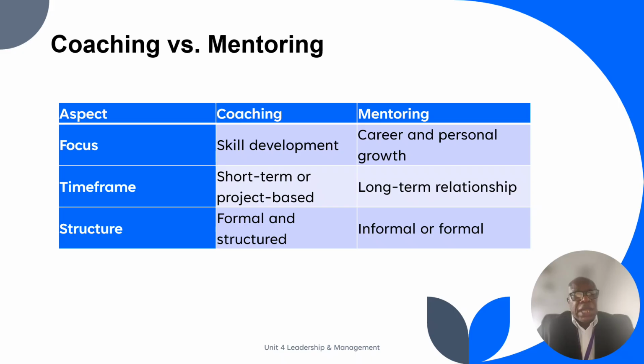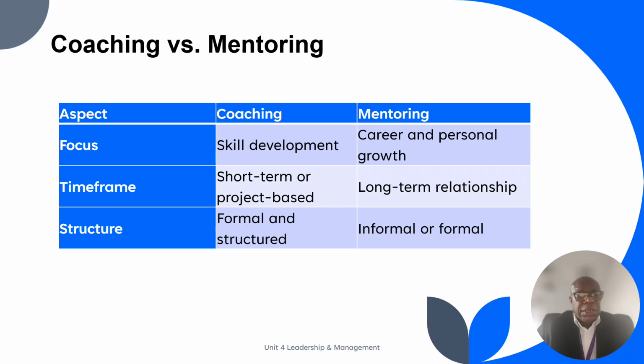So the focus, time frame, and structure. The focus of coaching is skill development. Mentoring is career and personal growth. The time frame of coaching is shorter, for short to long projects, and mentoring is purely long term, over a period of time.